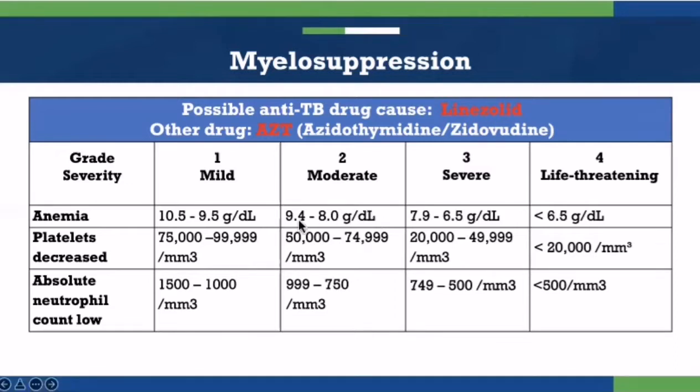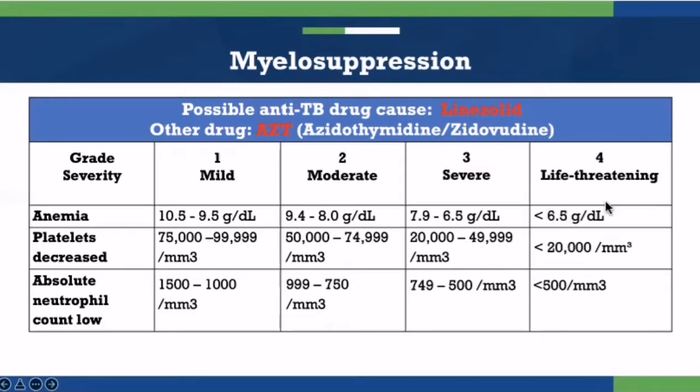As you can see in the table, if the patient has a hemoglobin of 6.5 to 7.9, that can be considered already as grade 3 severe. If you have platelets of less than 20,000, that is considered already as life-threatening.